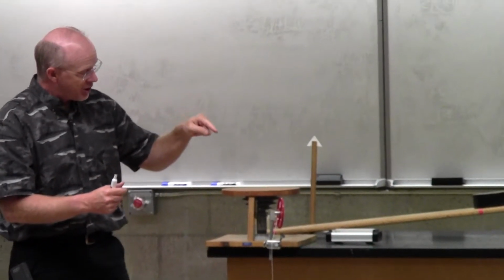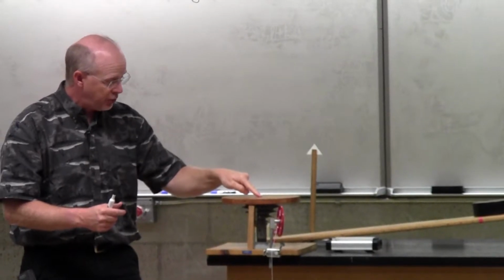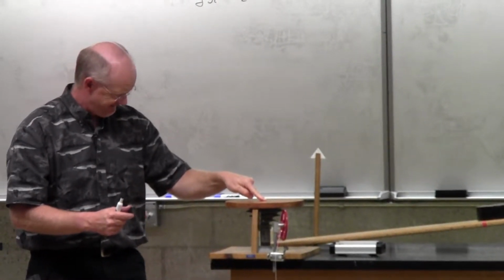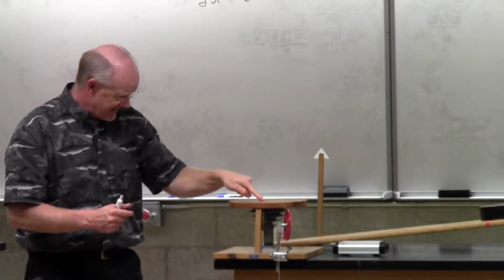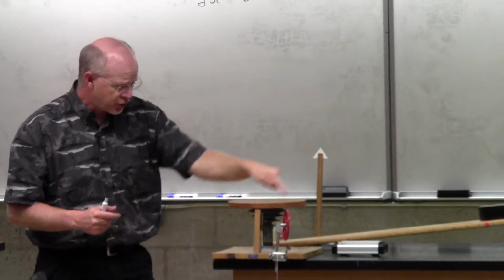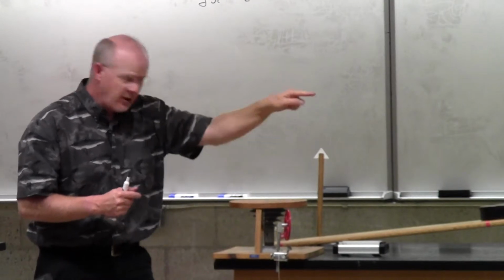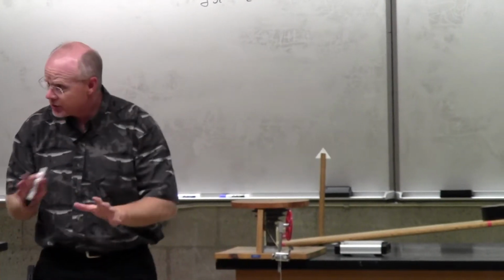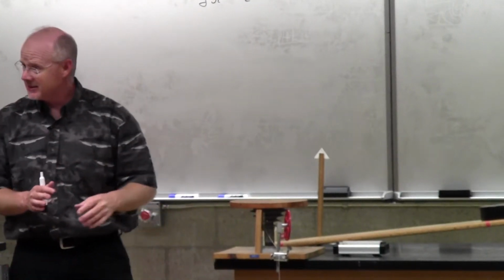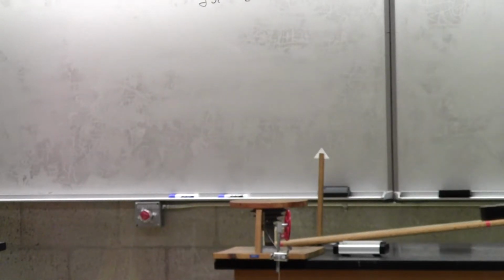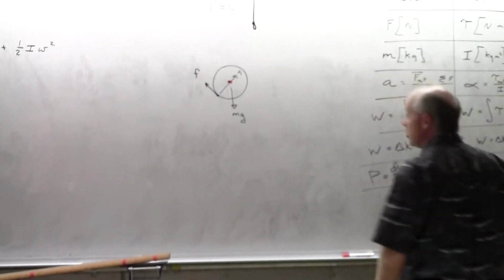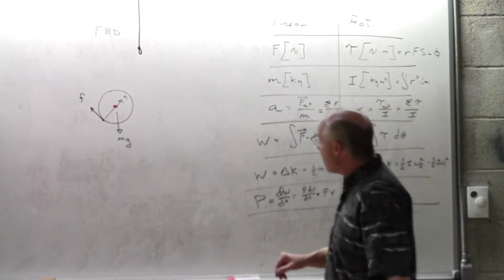If I take my finger and I put it right on the center and push, that doesn't make it turn. I got to push over here or over here. That makes it turn. I need a distance. No distance, no turning, no torque. And that's what I have here. And that's what I want to make sure you saw here, because this isn't so obvious here.